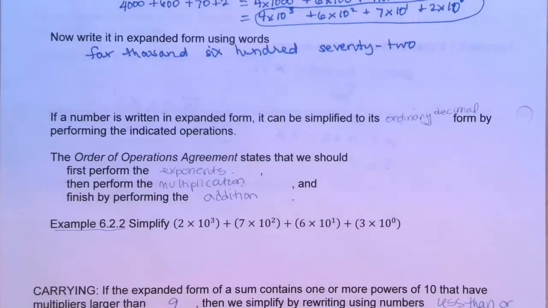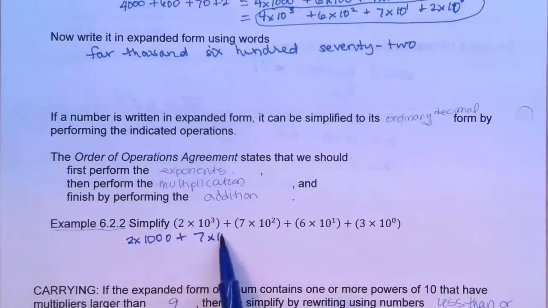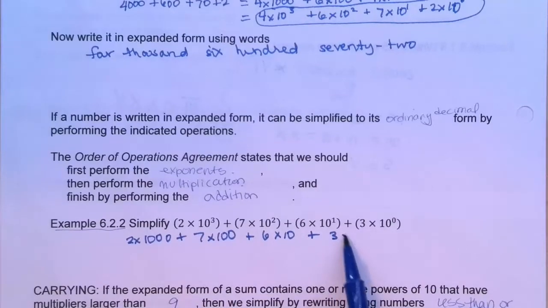In example 6.2.2, now we're going the other way. We have a number written in the expanded form for a Hindu-Arabic numeral, and we're going to condense it. First, I'm going to work backwards from what I did before. 10 cubed is 1,000, so I have 2 times 1,000, plus 7 times 10 squared. 10 squared is 100, plus 6 times 10 to the first, so 6 times 10, plus 3 times 10 to the 0, or just 3 times 1.